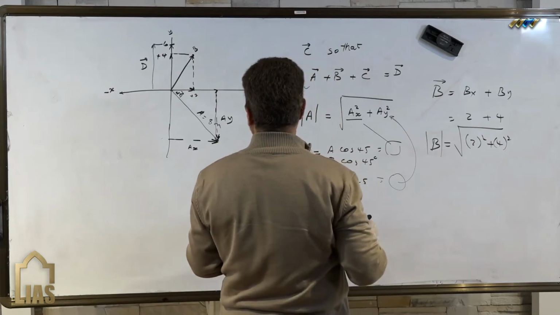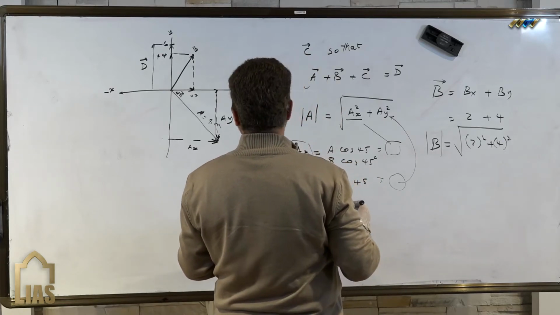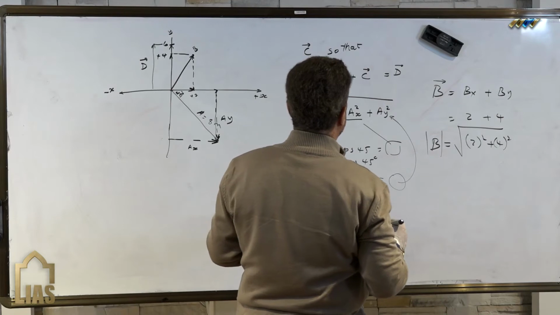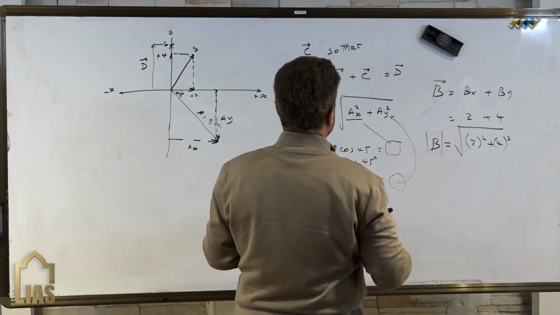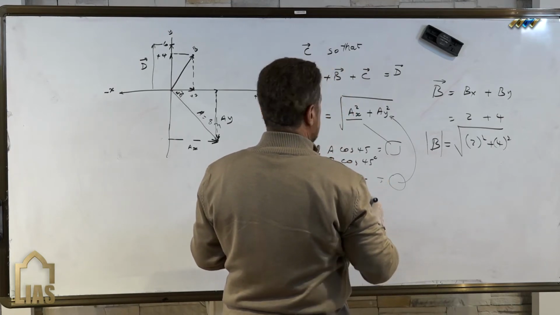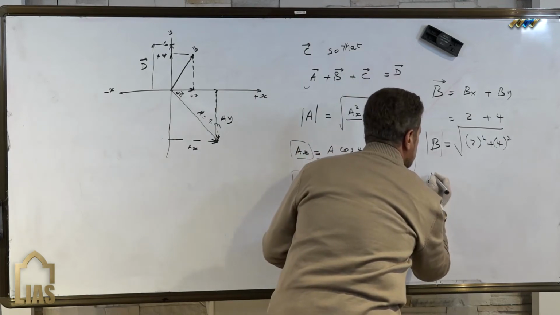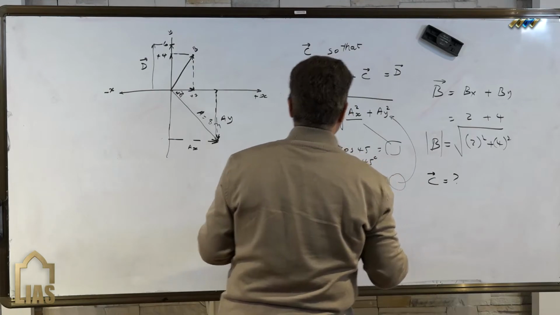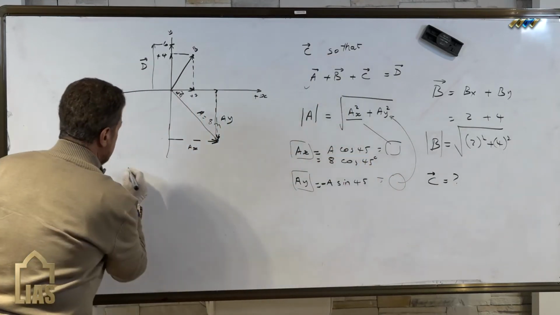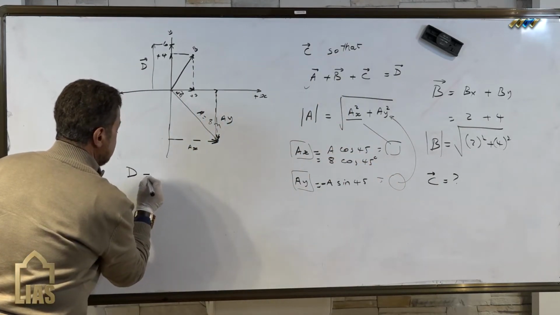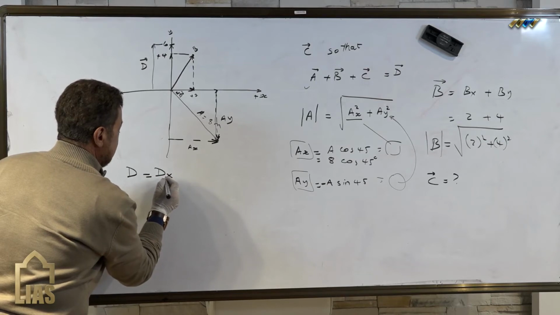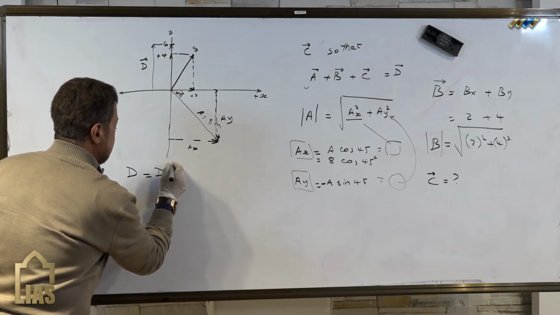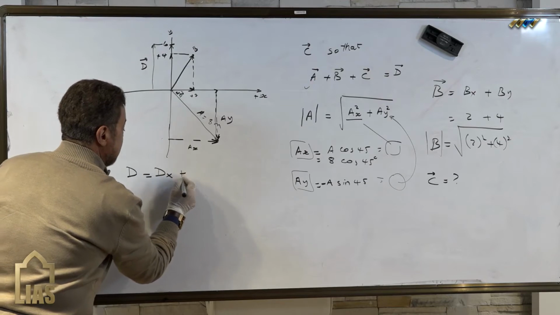Okay, let's see what is C. They want C, okay? Or the value of C what? We have D here. D is equal to dx plus dy.